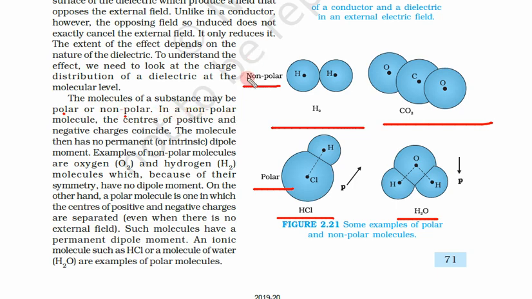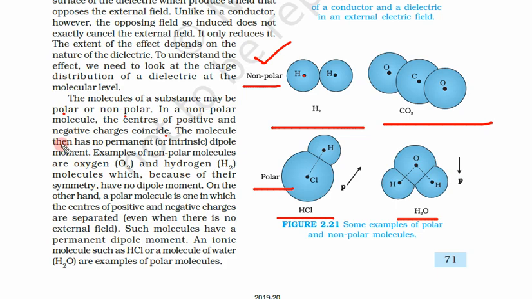Let us take the first case. In a non-polar molecule, the centers of positive and negative charges coincide. So the positive charge is at the center. Again, the negative charge is distributed, but the center is again the same.